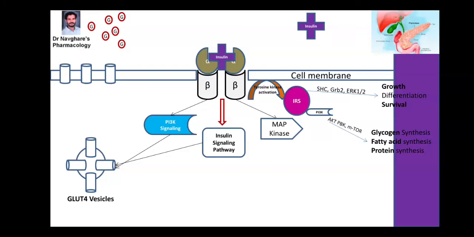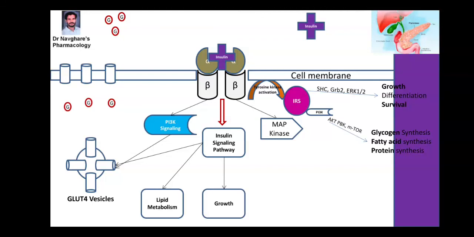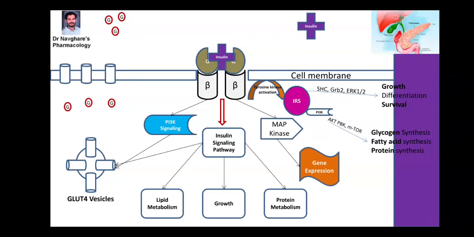After mobilization, the GLUT4 channel activates and provides a platform responsible for entry of glucose molecules from plasma to inside the cell, and that reduces plasma glucose. Further, the insulin signaling pathway stimulates lipid metabolism responsible for growth and protein metabolism, whereas MAP kinase is responsible for gene expression. So this is the overall mechanism of action of insulin.